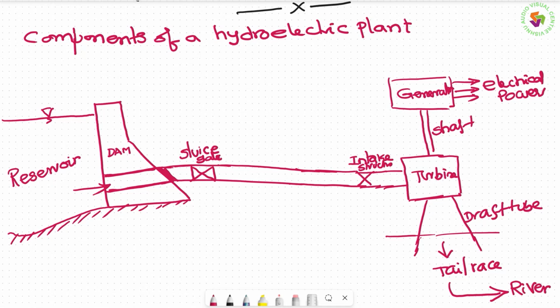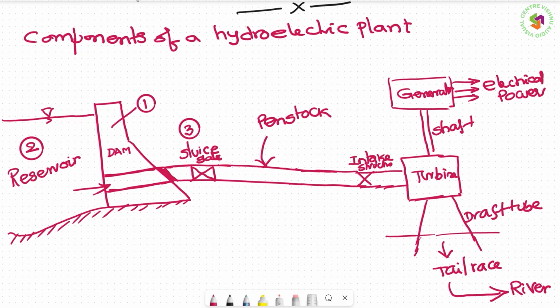So from the reservoir, because of the construction of a dam, this is the first component for you. This is the second component. Then the sluice gate is basically important. That is number three. And what is this pipe called? This pipe is called the penstock. Why don't you call it a pipe only? Why penstock?